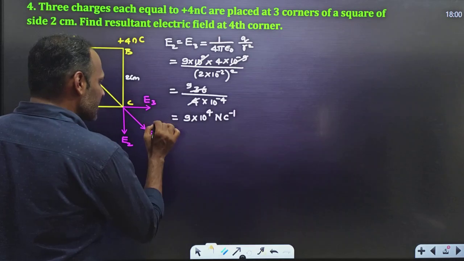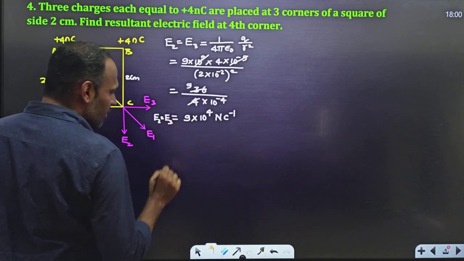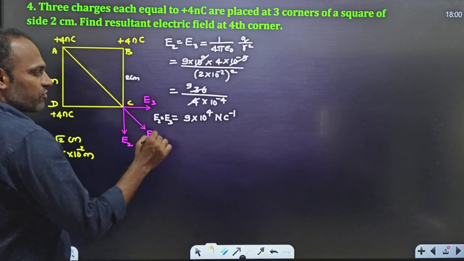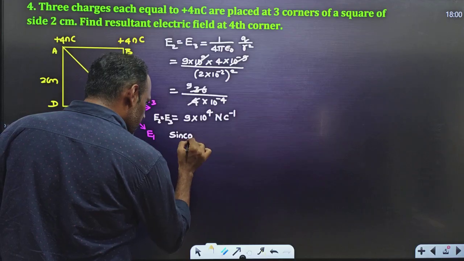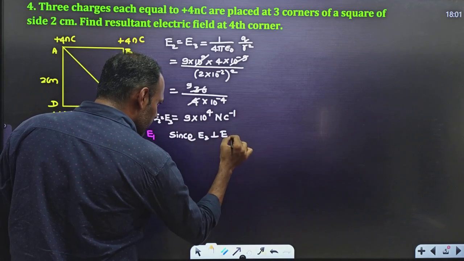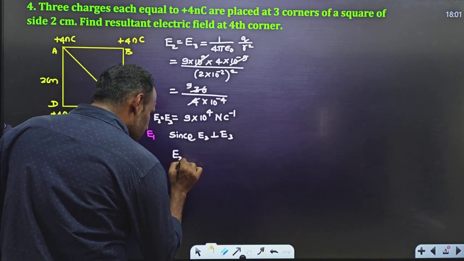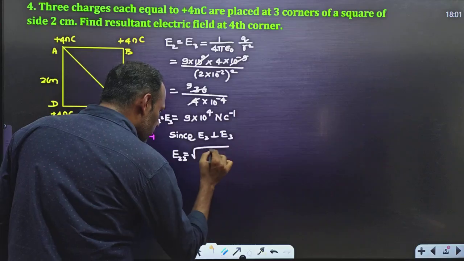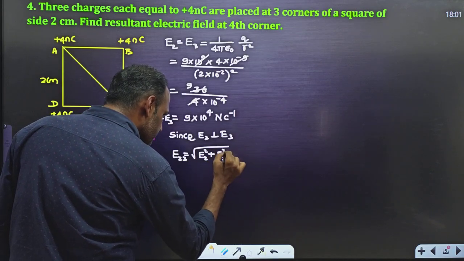Now let us find out the resultant of E2 and E3. Since E2 is perpendicular to E3, the resultant of these two vectors will be equal to root of E2 square plus E3 square.